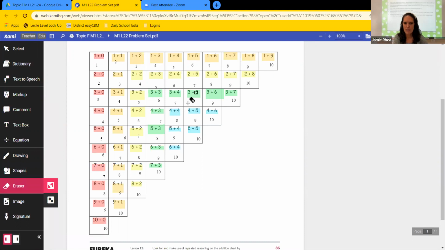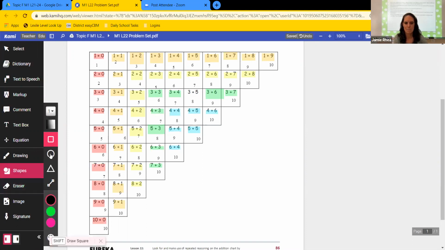So what if I took off, let's say I take off this 6 right here. I'm going to take that off. It's gone. We don't see it anymore. Could I still figure out what was missing?